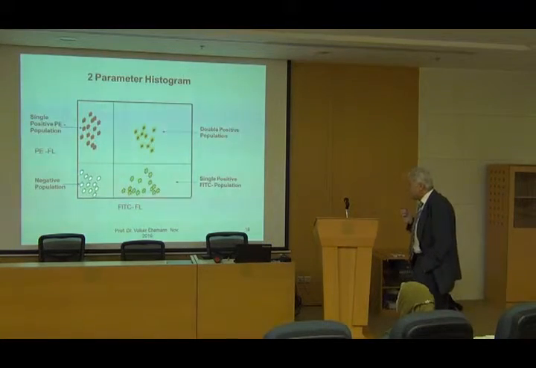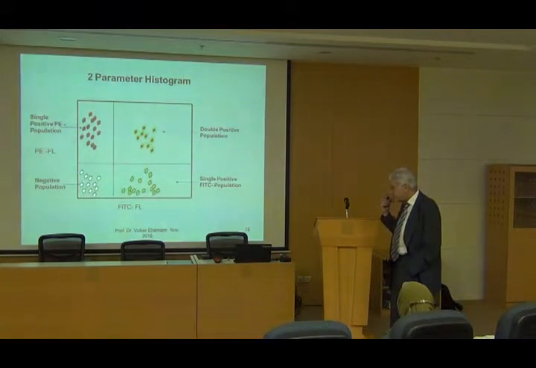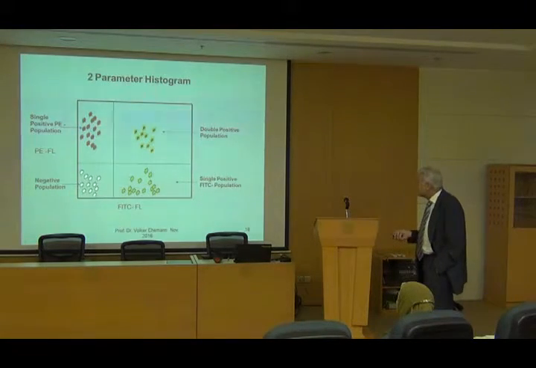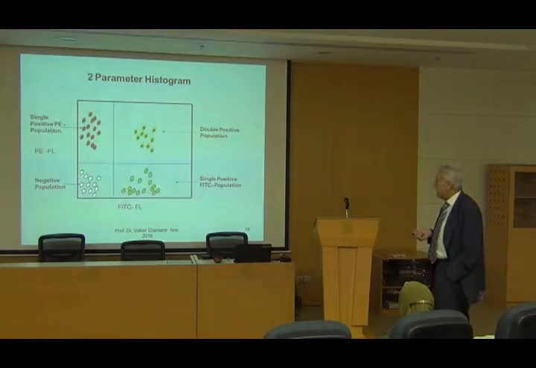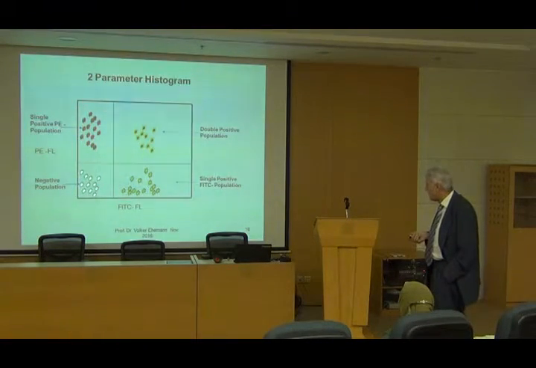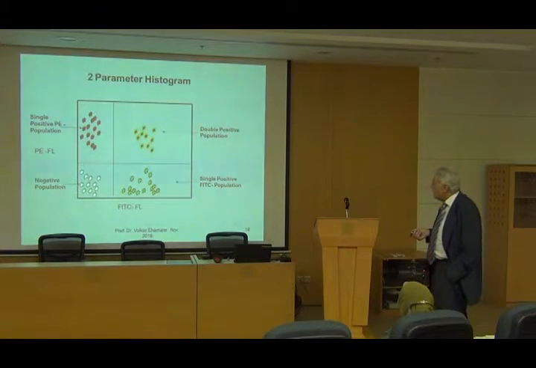By coloring cells with two colors, for example FITC and phycoerythrin, you can make a quadrant analysis, which is described here. You see in the left corner negative populations for both FITC and PE. Single positive populations are located here.